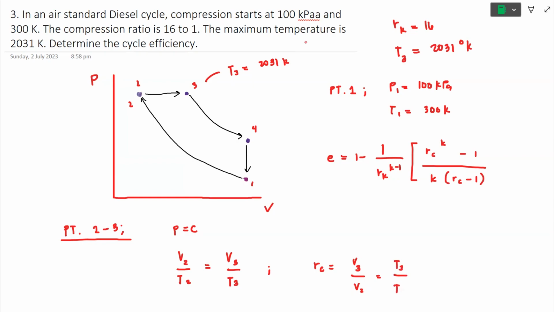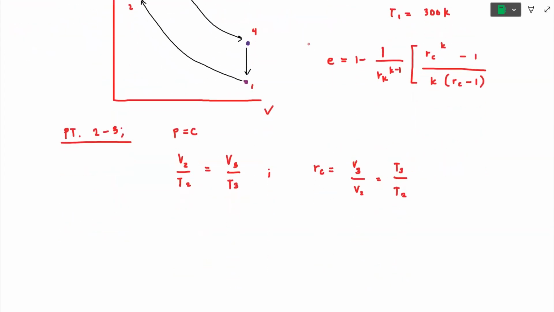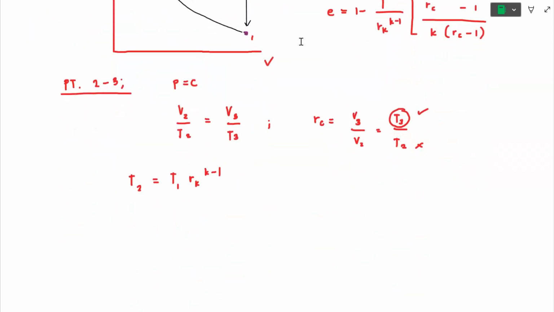Yung T2, pwede mong masolve yan using yung point 1 mo. Yung T3, check, meron ako. T2 ang wala. T2 coming from point 1. So T2 is equal to isentropic relationships T1 multiply to yung kaninang ginamit ko, RK raised to K minus 1. This is air standard. So I think K is 1.4.